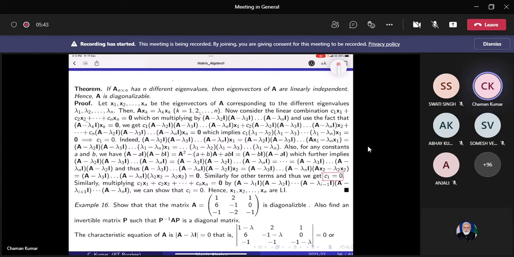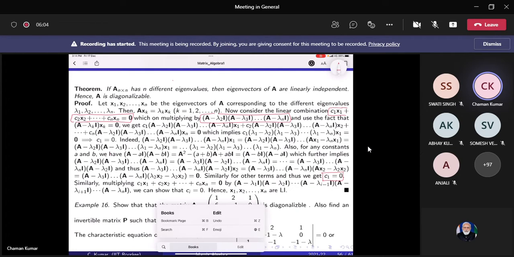We can repeat the same argument for C2. Now for C2, we will use a different product. In the beginning, we started with this equation and pre-multiplied by this product. In this product, we wanted to make C1 equal to 0, so that is why A minus lambda 1 I is not present.